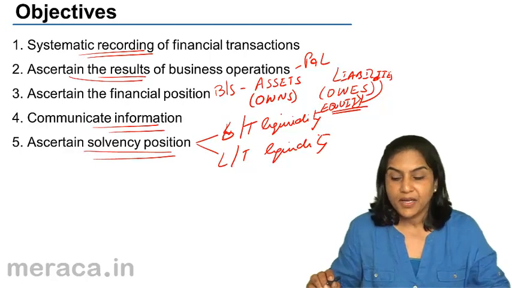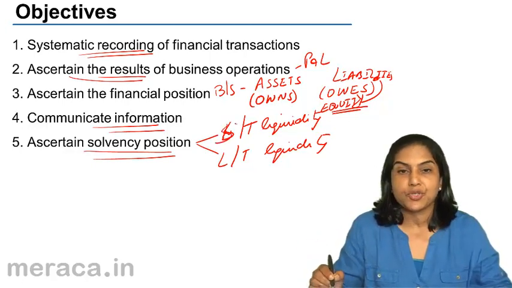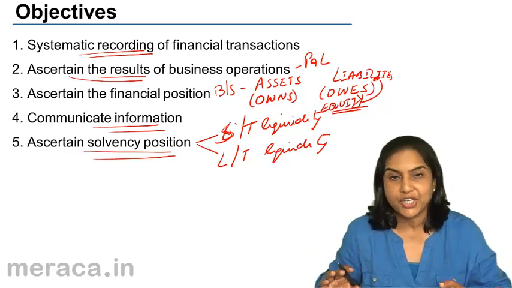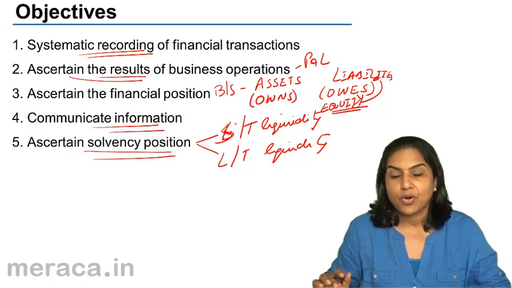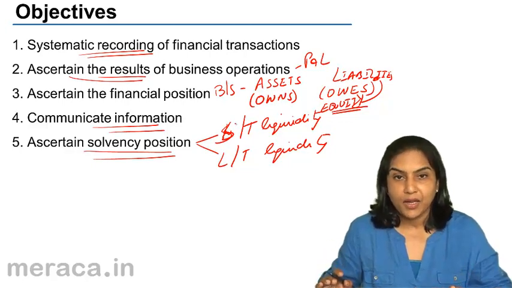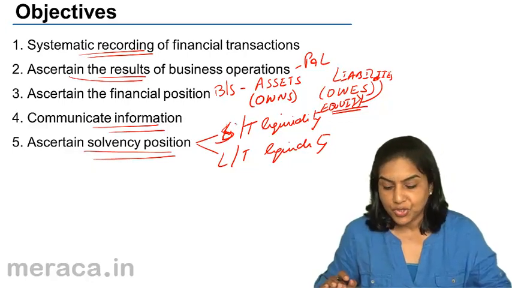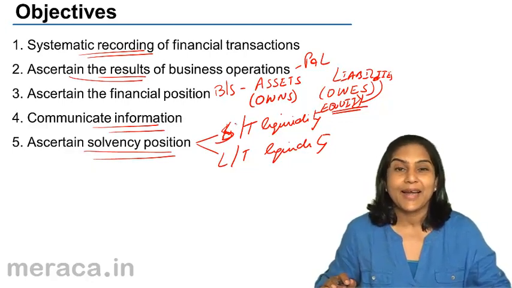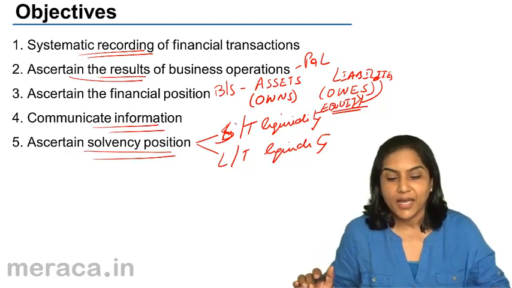It could happen that a business makes profit, but its short-term liquidity position is weak, it does not have enough cash to meet its day-to-day operations. So, with accounting, better control can be exercised, since solvency position, etc. can be quickly identified when there is a proper system of accounting in place.